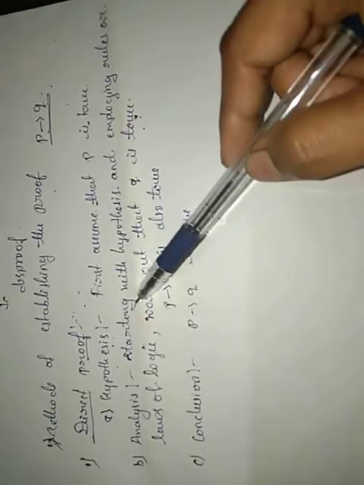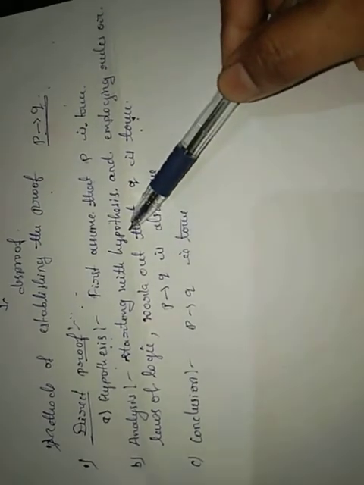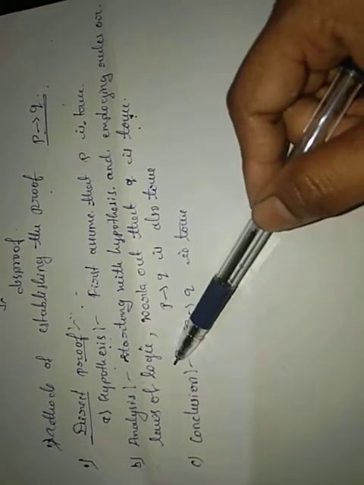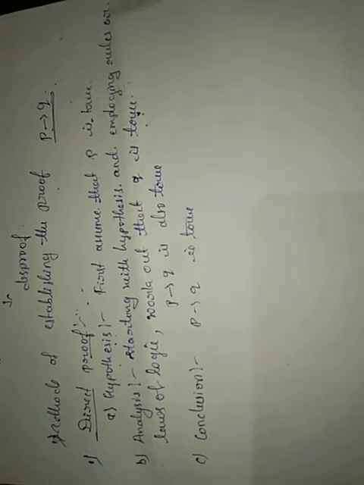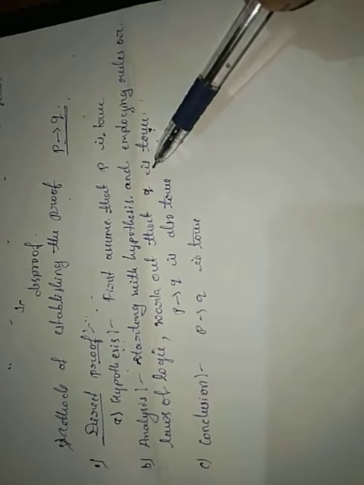Analysis means starting with the hypothesis, employing the rules or laws of logic, we work out that Q is true. Means we try to prove that Q is true with the help of the rules or laws of logic. Once we prove that Q is true, then it is clear that the conditional is true.